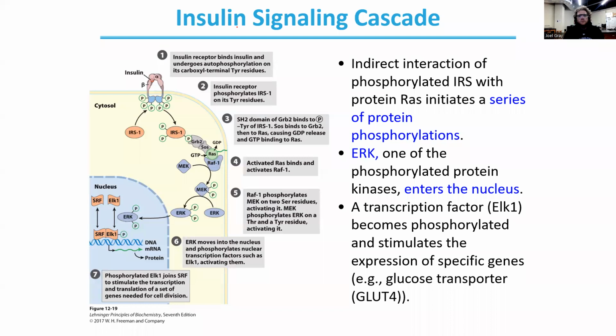This autophosphorylation on the C termini is going to attract this protein, IRS1.